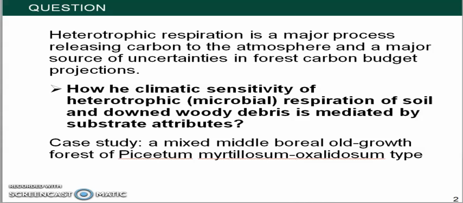It depends on temperature, moisture, and substrate characteristics, so physical and chemical properties of soil and down logs. We tried to study all these factors at the same time.